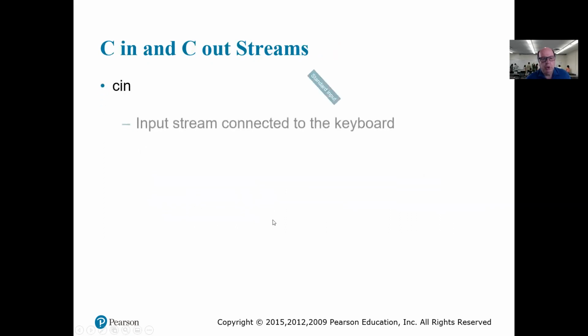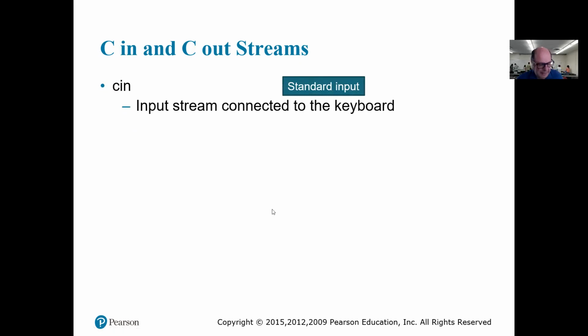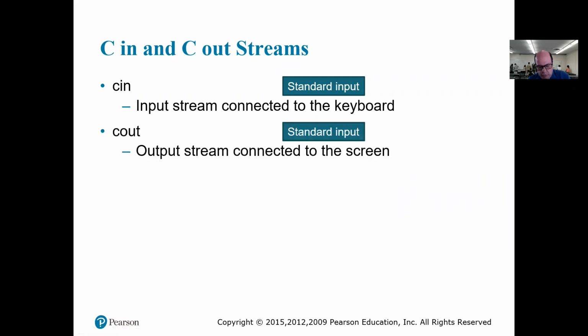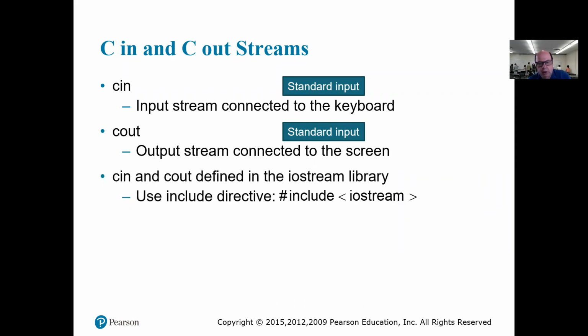So originally, we were working with cin and cout. That would be the standard input and standard output. When we were using cin and cout, we were using #include <iostream>, input-output stream.